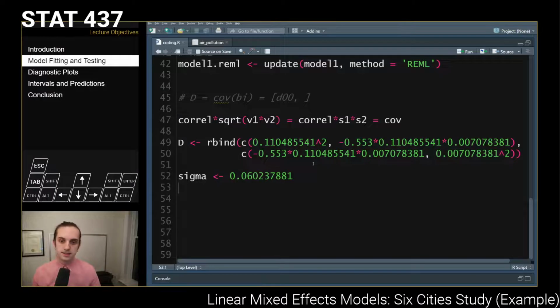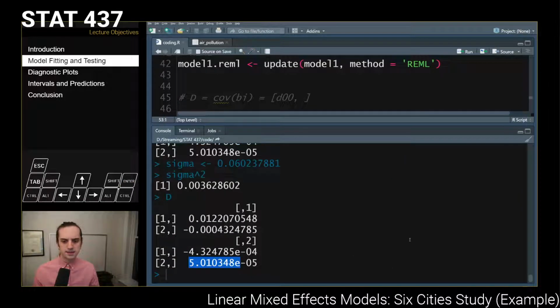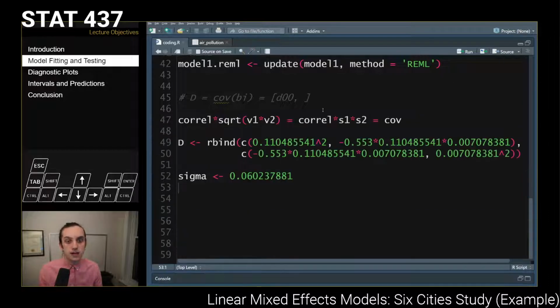Now we might be interested in asking ourselves, does this model seem to need both the random slope and the random intercept? If we look at D again very quickly here, we can see that the random slope has a variance that is very close to 0, roughly 0.00005. And so you could ask yourself, do you actually need that term?